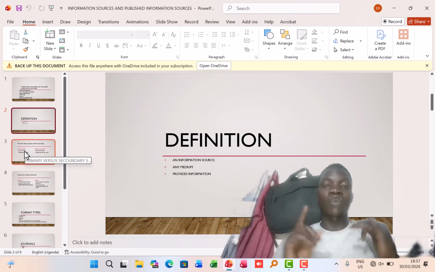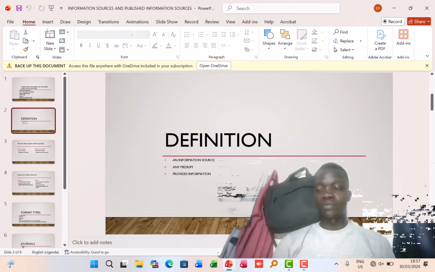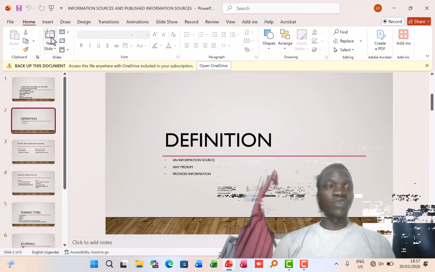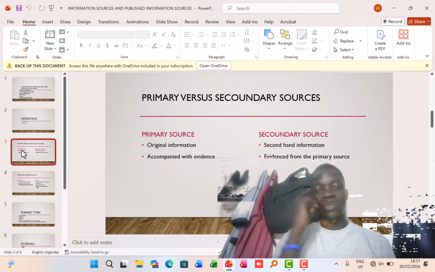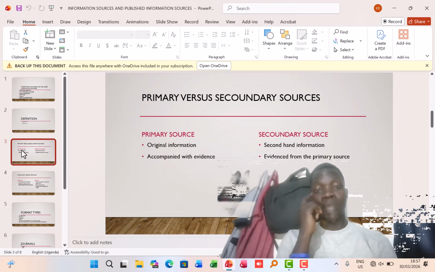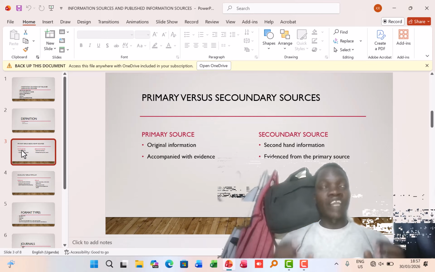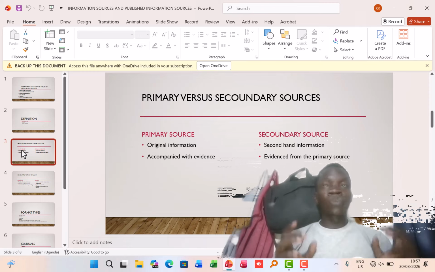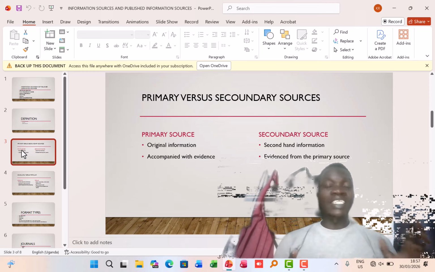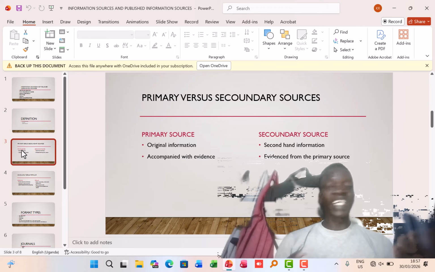We have primary sources and secondary sources of information. So we shall go straight to the point and see the differences between primary and secondary sources. In primary, the information is original and confidential, obtained from the real source, meaning it is not second-hand.